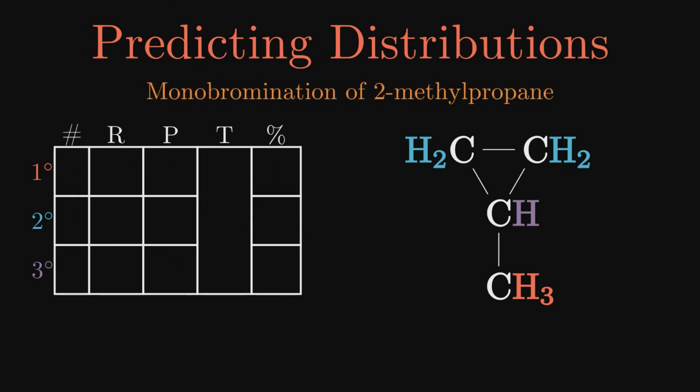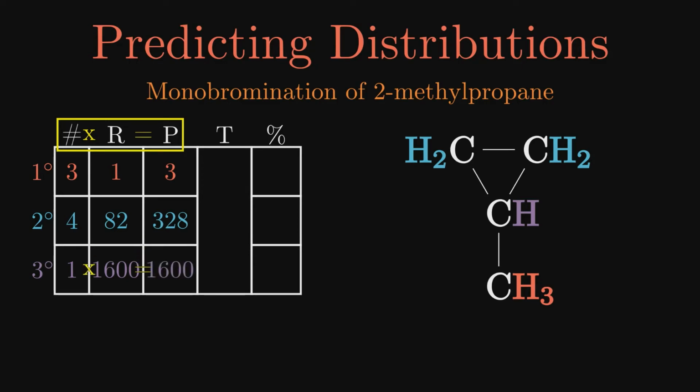When we switch to bromine, the number of primary, secondary, and tertiary hydrogens will remain the same. The reactivities on those positions, though, are 1, 82, and 1600. When we multiply those reactivities by the number of hydrogens, we get 3, 328, and 1600.